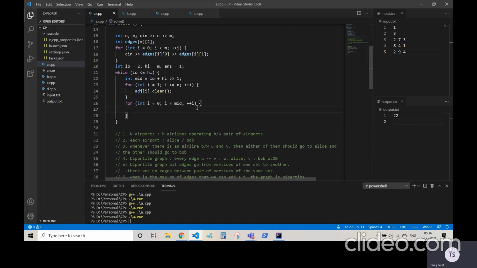So we have cleared the list, and now we will start adding the edges.